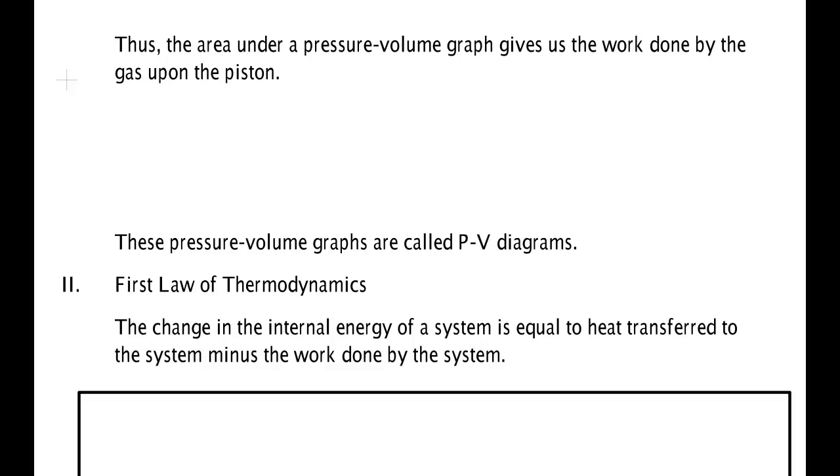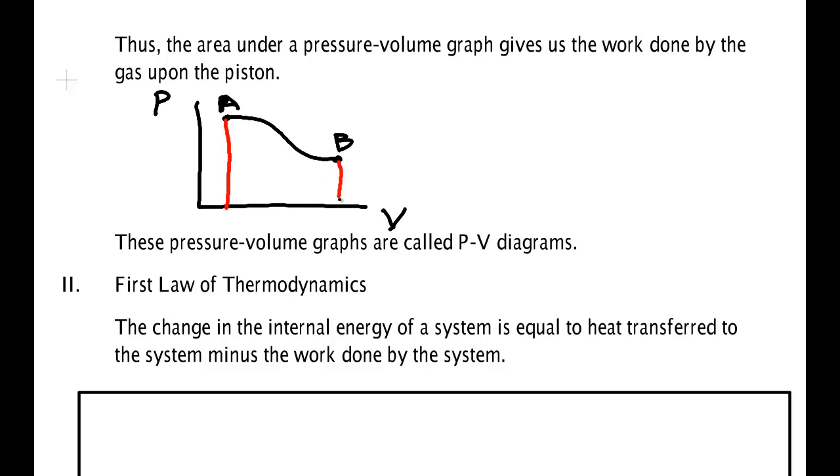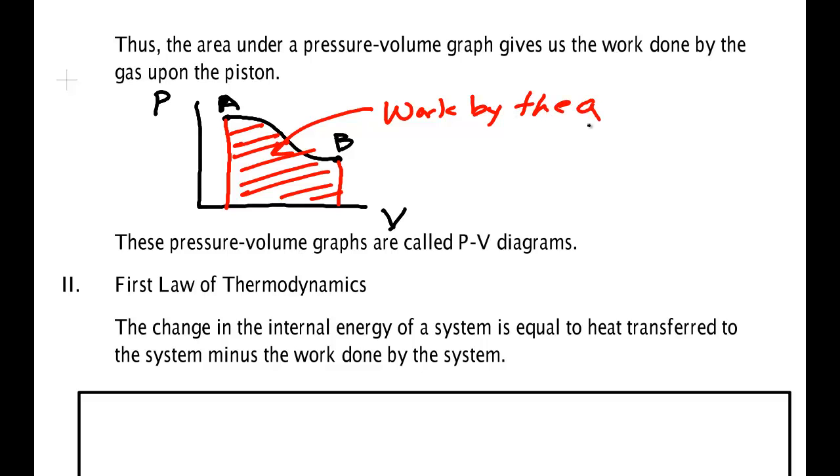So the area under a pressure volume graph, plotting pressure in place of force and volume in place of displacement, from point A, say, to some point B, if you find the area under this graph, that's the work by the gas upon the piston.